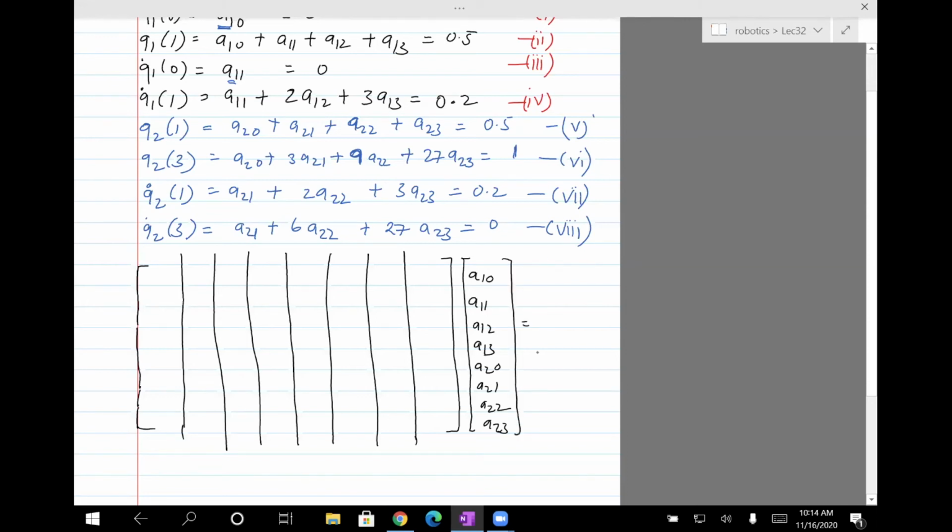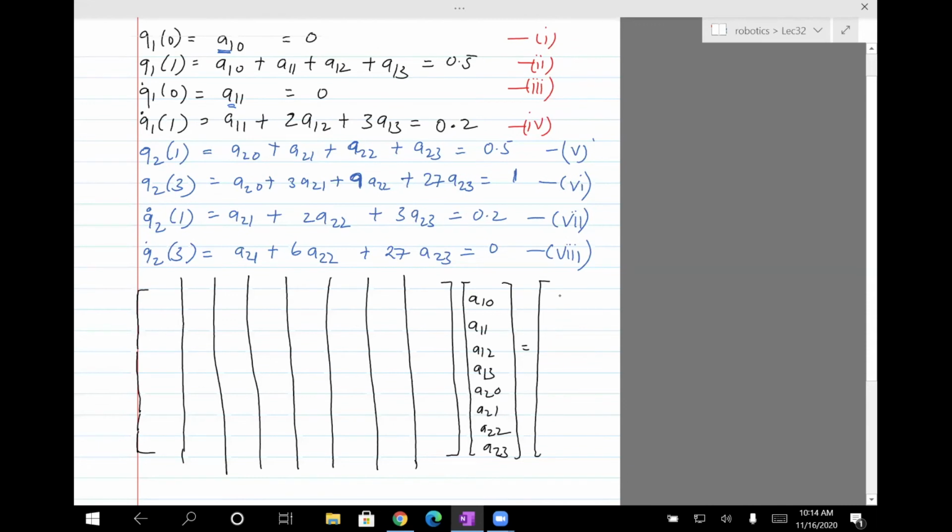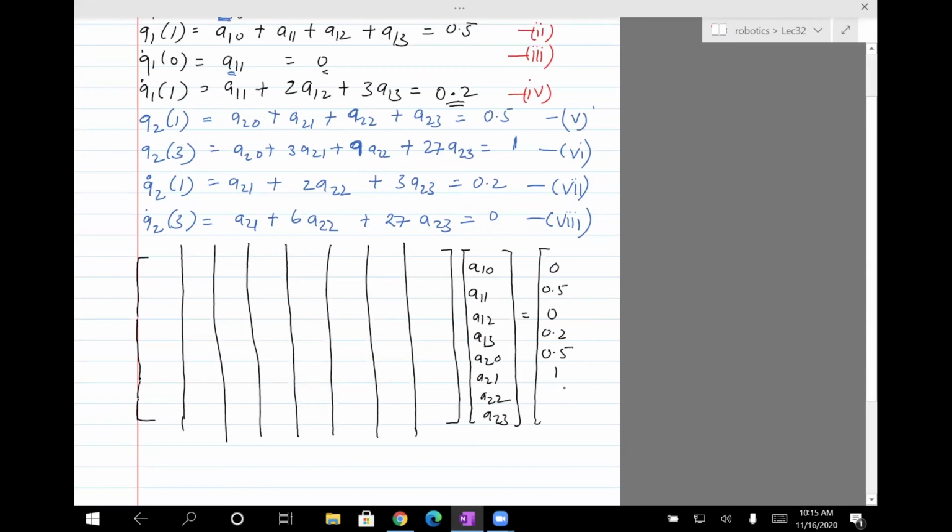And then on the right hand side, I would have whatever is on the right hand side of the equations, which is 0, 0, 0.5, 0, which is the third equation, 0.2, fourth equation, 0.5, 1, 0.2, and 0.